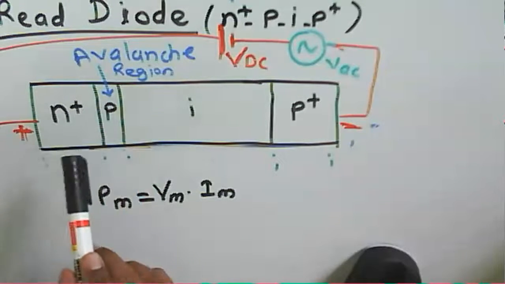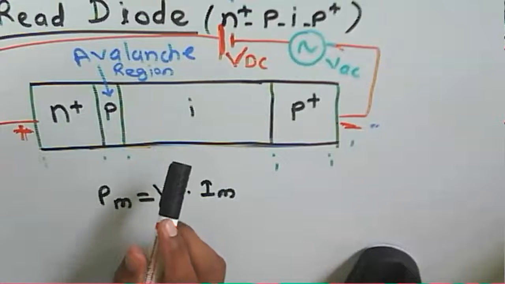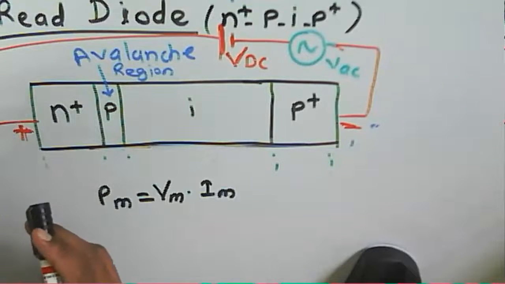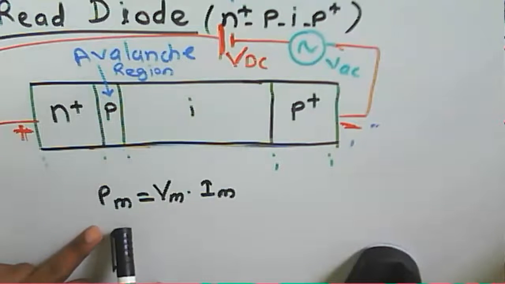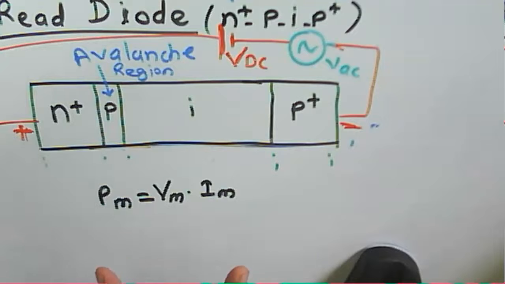The impedance levels in the microcircuit depend upon the cavities and so on. So we write the maximum power PM in terms of the maximum voltage applied across the diode and the maximum current propagating through the diode. So PM is equal to VM into IM.